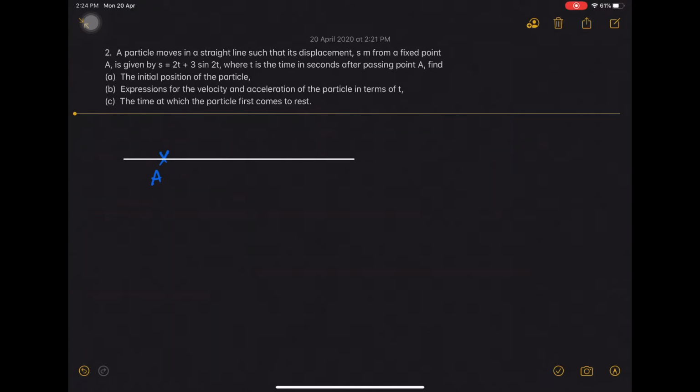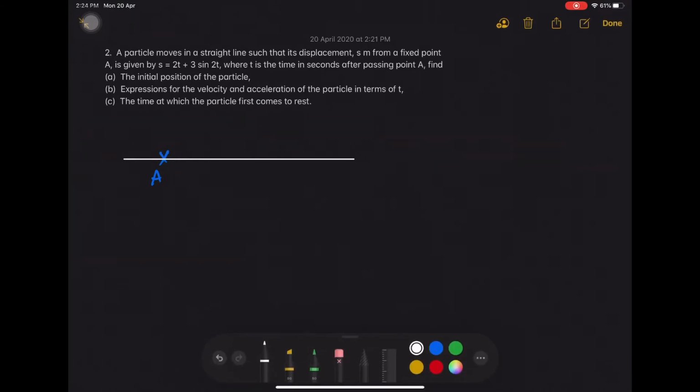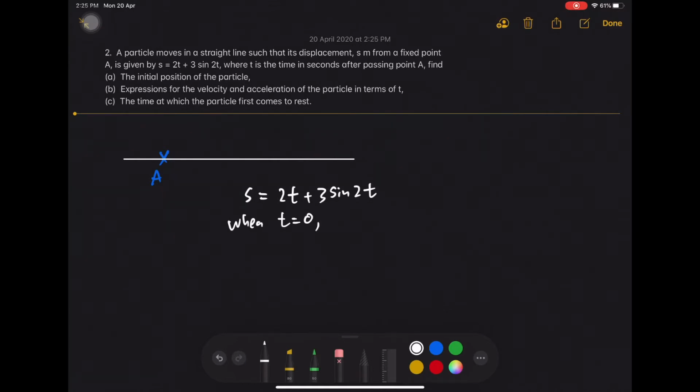I'm going to write down our displacement equation first: s equals 2t plus 3 sine 2t. Since it's at the initial position, I can safely say that my time is 0. So all we need to do is substitute 0 into the equation of displacement.